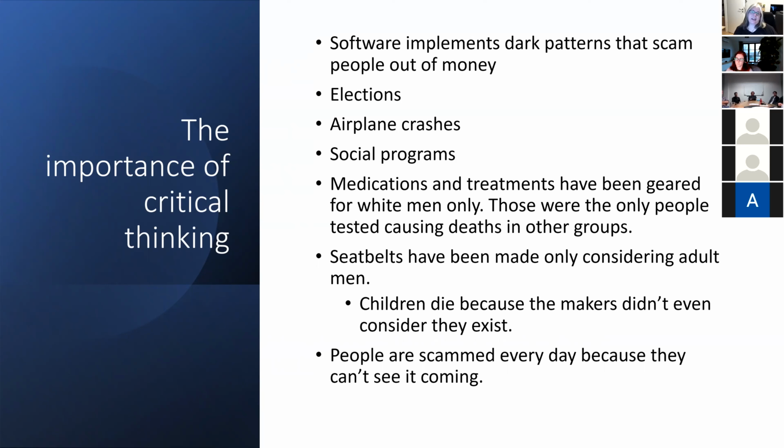You ever try to cancel a subscription and you go to the website and look around, you can't find it, and then finally you find a link that takes you to a page that says, oh, you have to call, right? That's a dark pattern. They're doing that on purpose to wear you down.